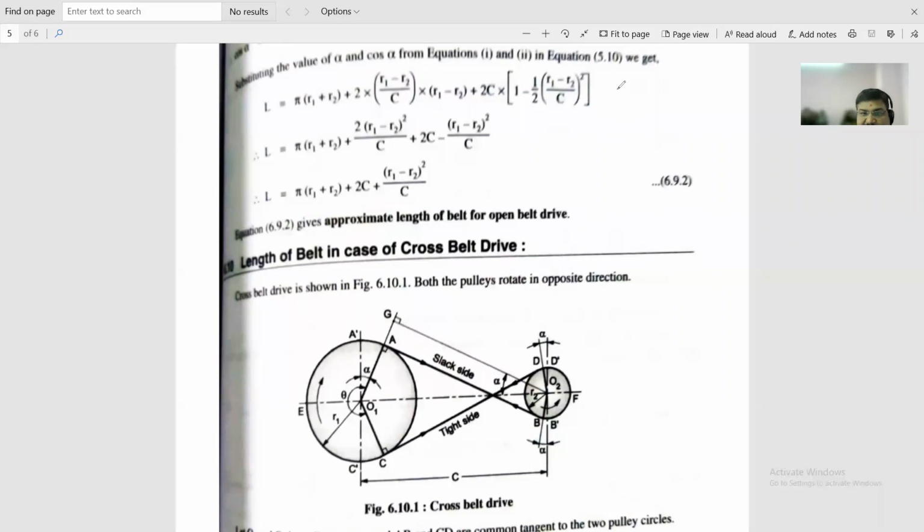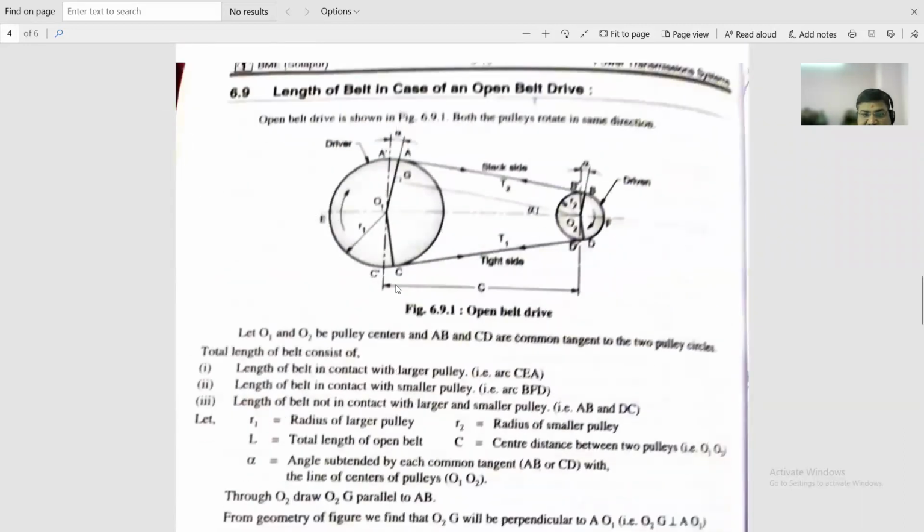C is nothing but the distance between center of two pulleys. ही पुली 1 आहे. This is pulley 1.